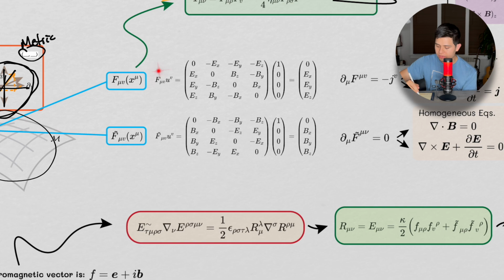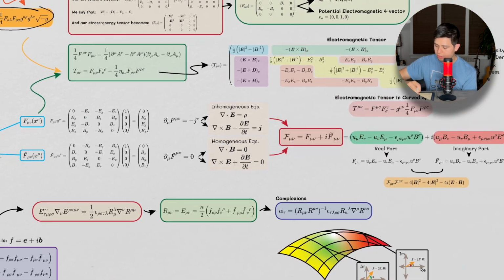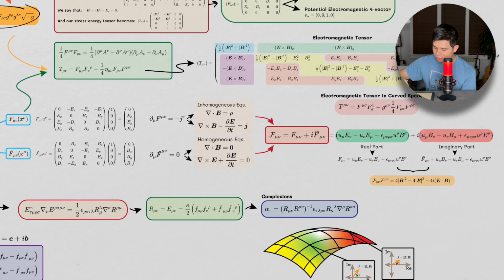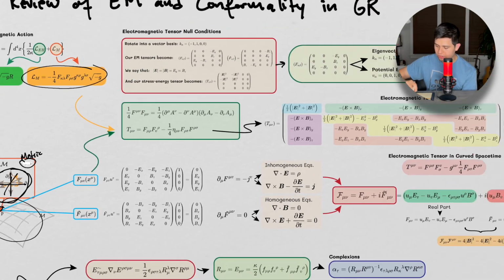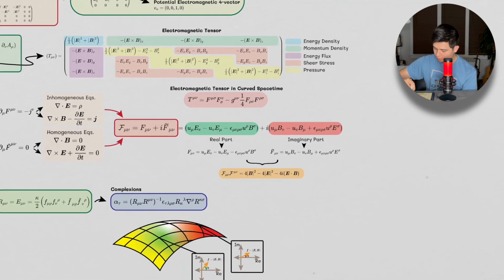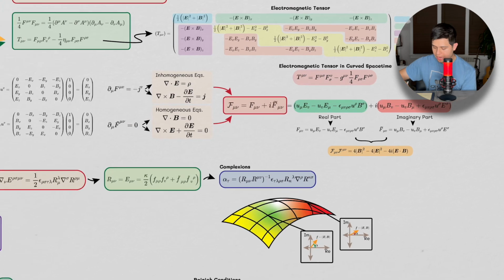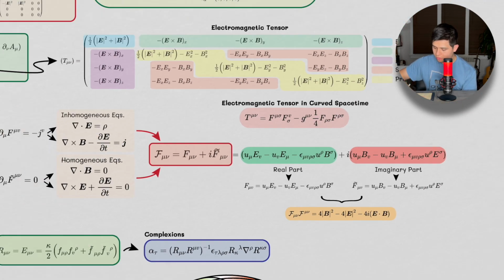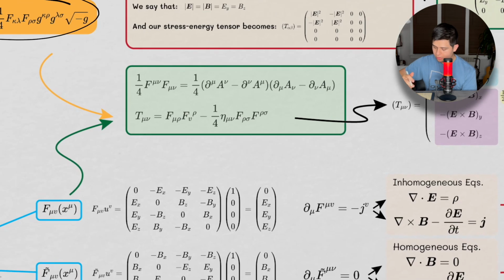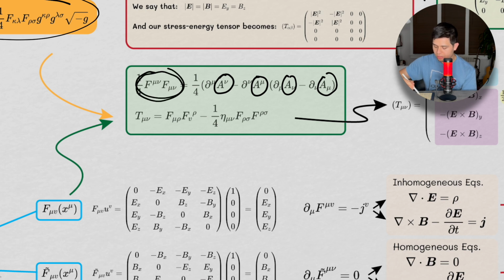But at the heart of these F mu nu's again is the potential. I actually don't have the potential listed here. It's the A vector, A mu. I thought I had it somewhere in here. Oh, here. This A. These are the real driving forces. This is the potential that makes up these objects.